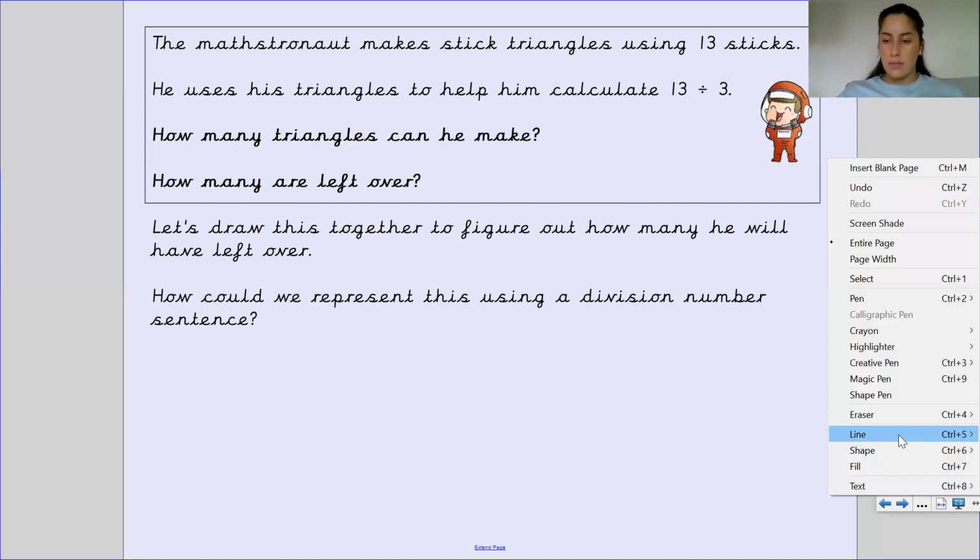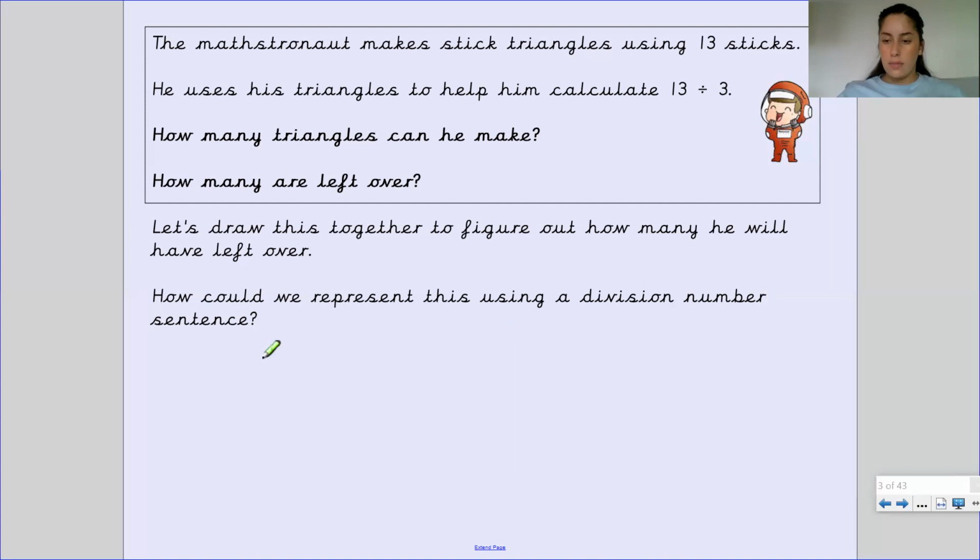Okay, I'm going to use my shape pen. Right, so we've got 13 sticks and we are making triangles to help us calculate 13 divided by 3. Why are we making triangles to figure out 13 divided by 3?